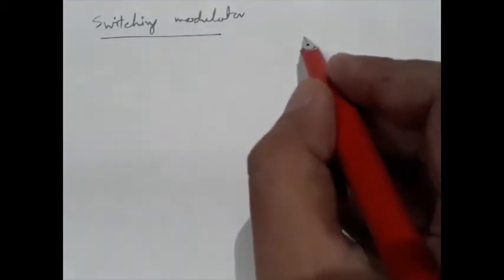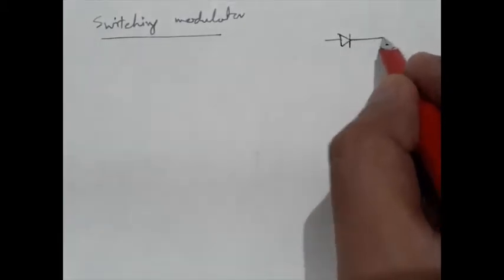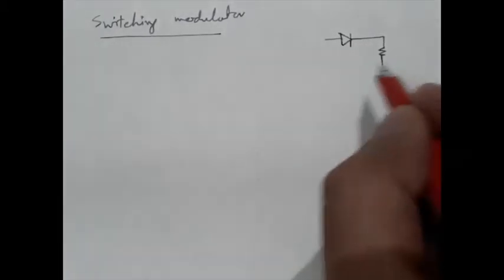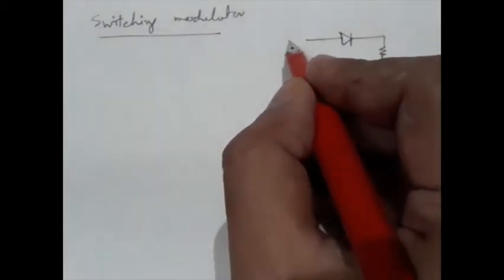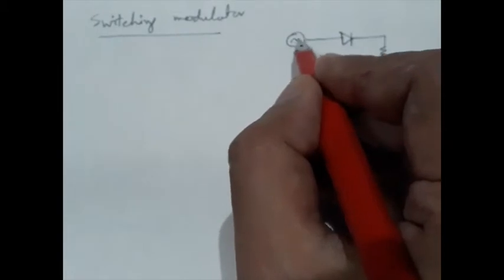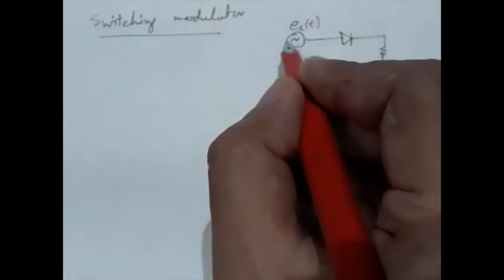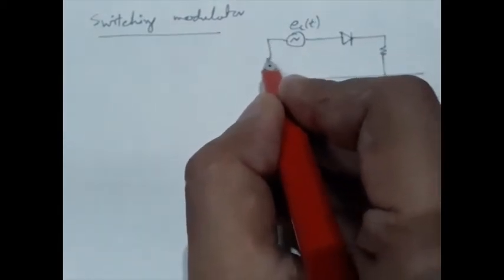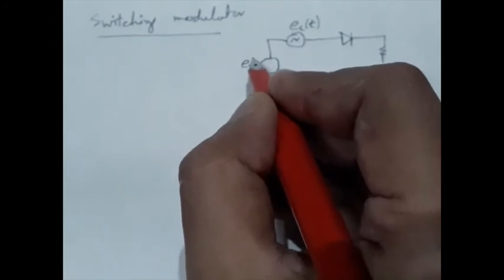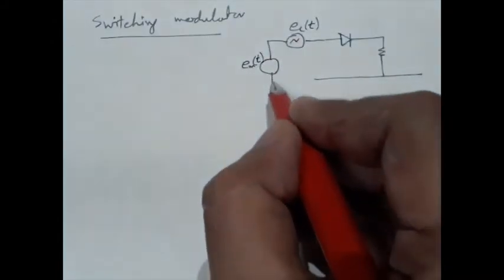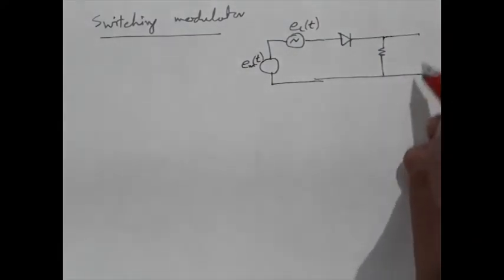The circuit diagram for the switching modulator is almost identical to that of the previous type of modulator. The only thing is that here, since it is a high level modulator, all the voltages, input voltage, are of high level.